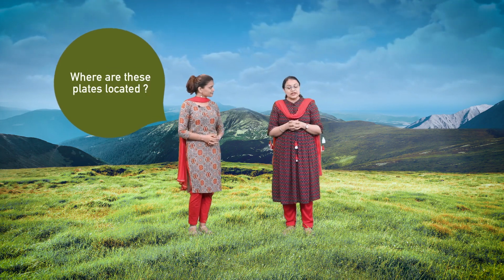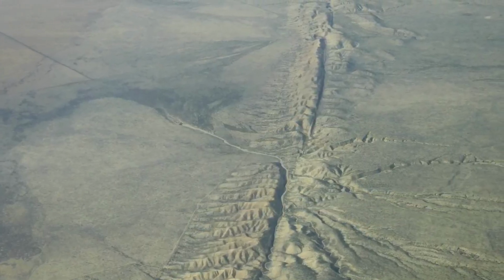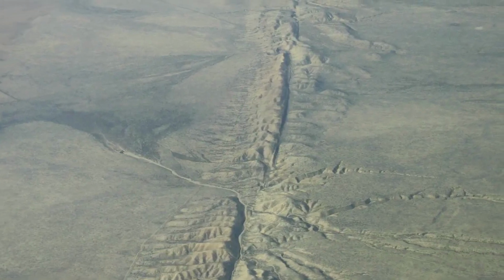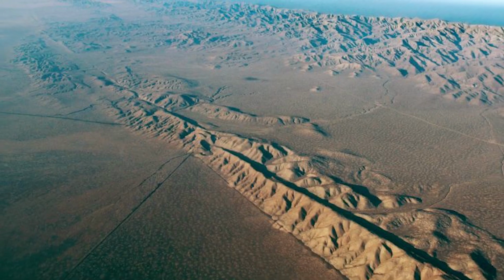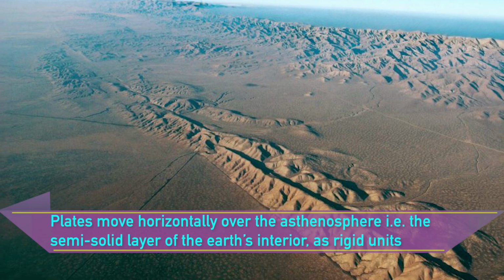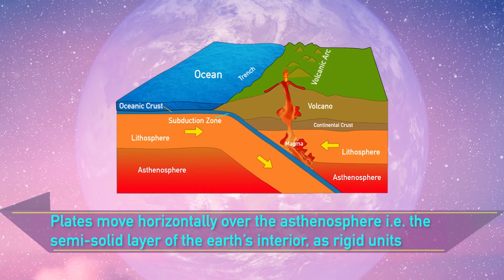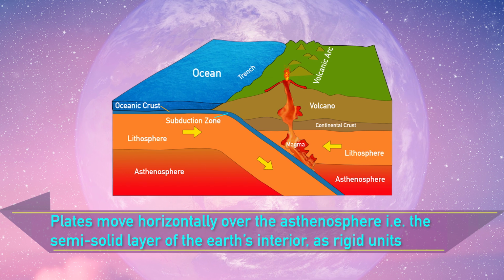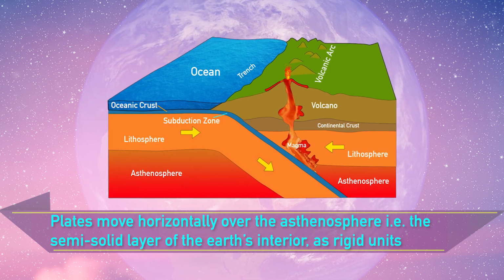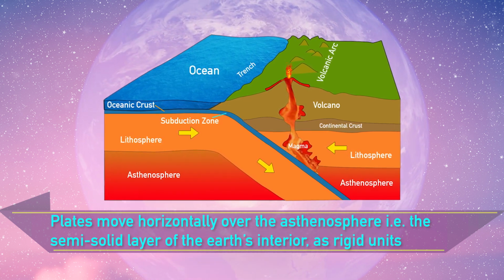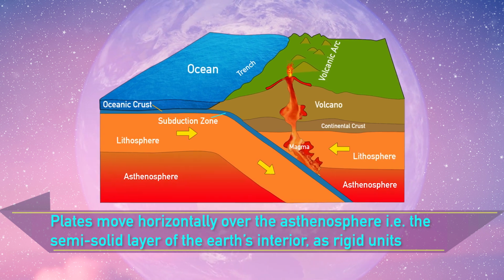All right. So, where are these plates located? Okay, these tectonic plates are not static at one place, rather they move. Plates move horizontally over the asthenosphere, that is the semi-solid layer of the Earth's interior, as rigid units.